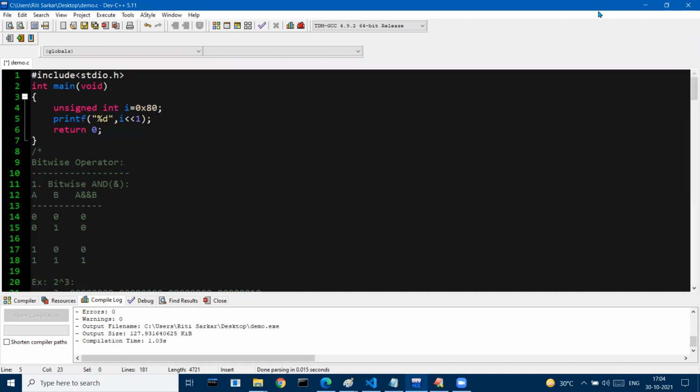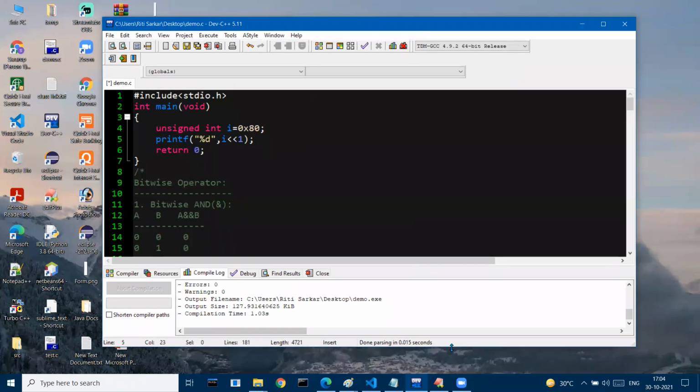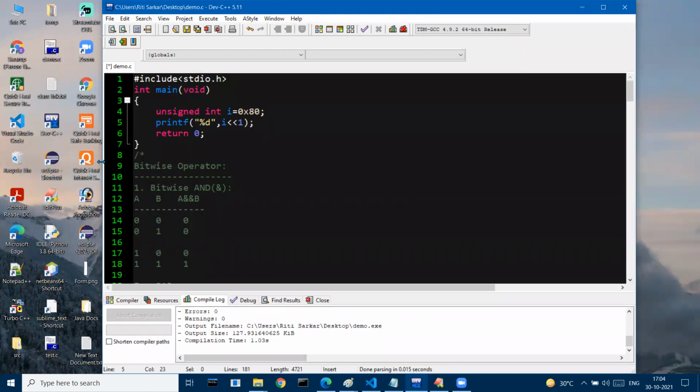Now here it seems a very easy problem statement, but so many things we need to discuss before we can go and attempt to solve this question.